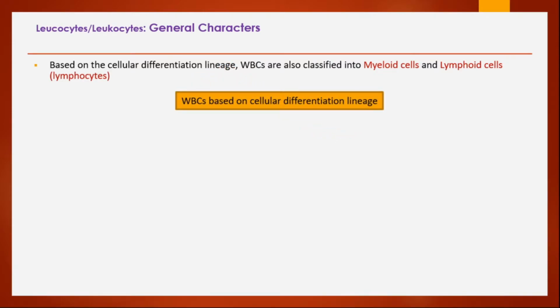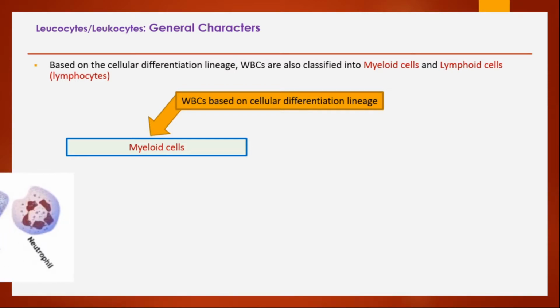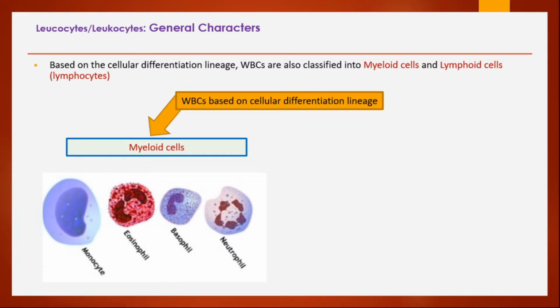Based on the cellular differentiation lineage, WBCs are also classified into myeloid cells and lymphoid cells. Myeloid cells originate from myeloblasts of the bone marrow, from which neutrophil, eosinophil, basophil, and monocytes are formed.